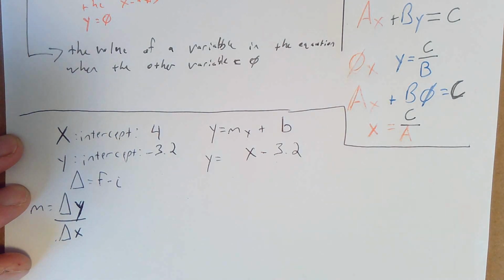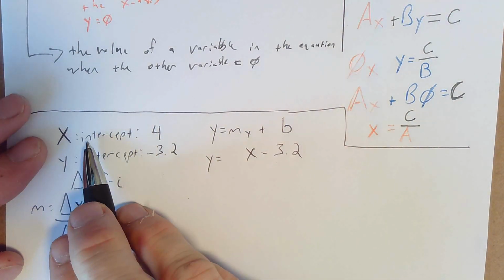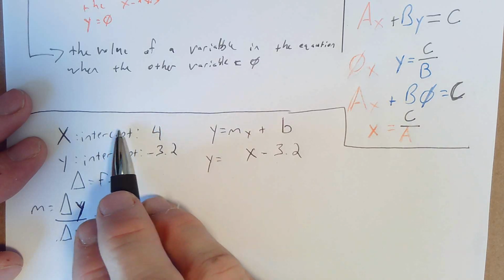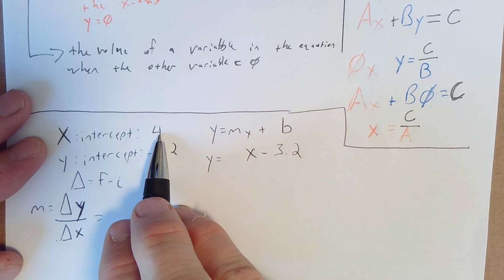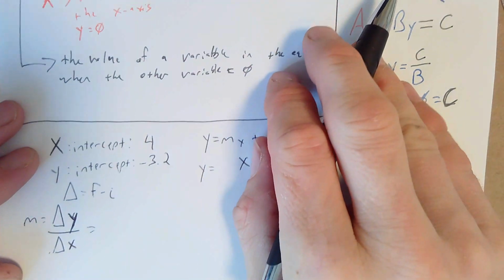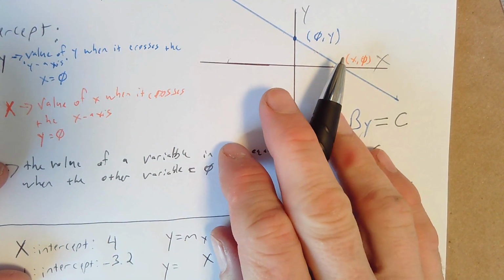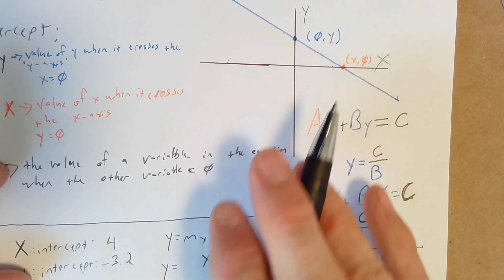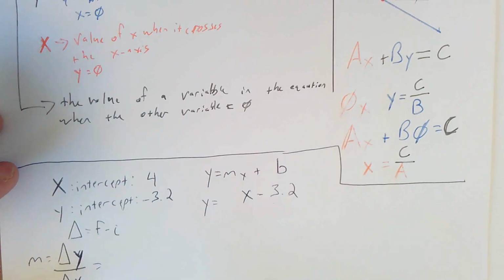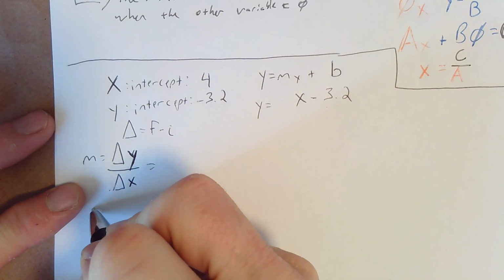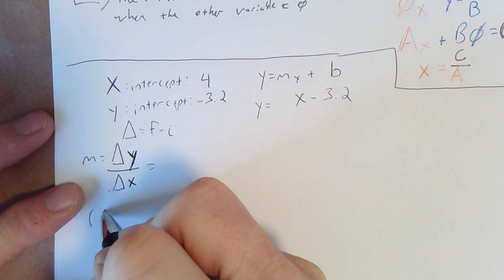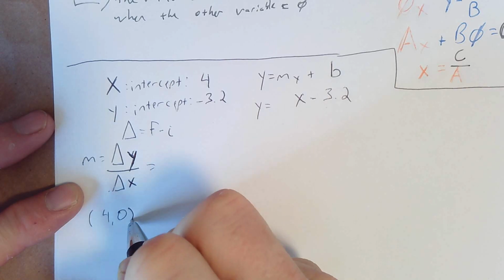All right, so if this is my x-intercept, what point does this relate to? Well, if you remember, my x-intercept is an x value and then a 0, right? So I must have a point at 4 and 0.